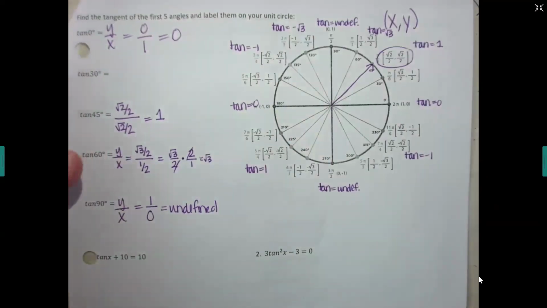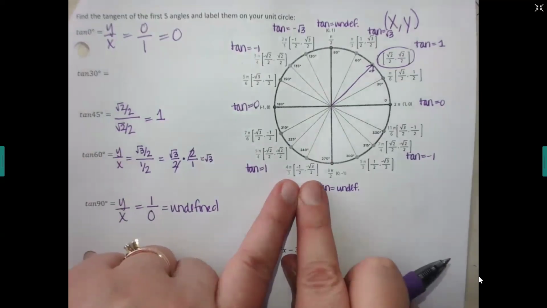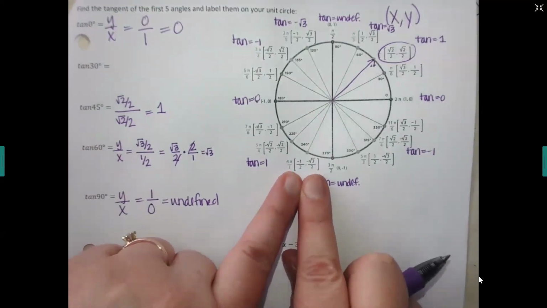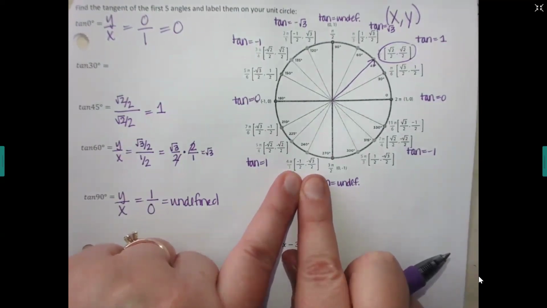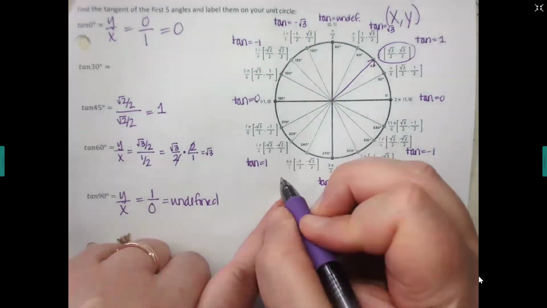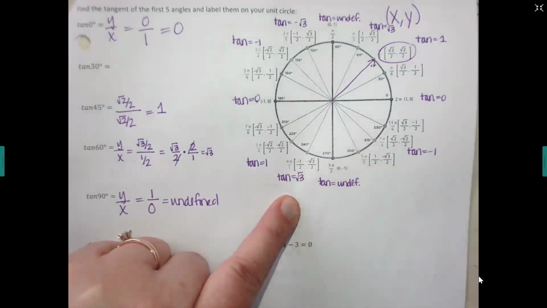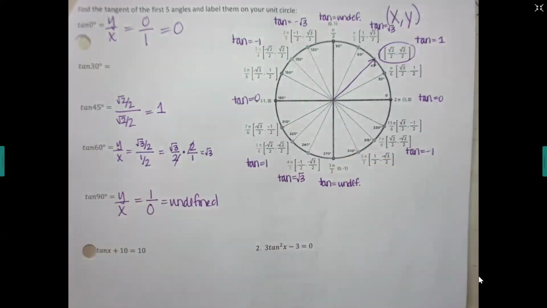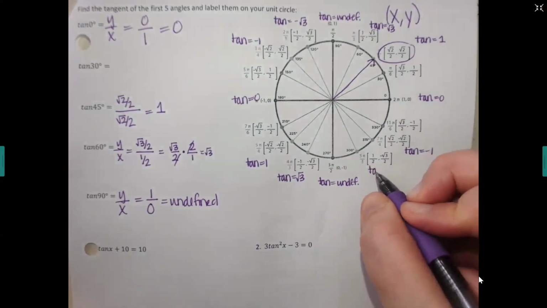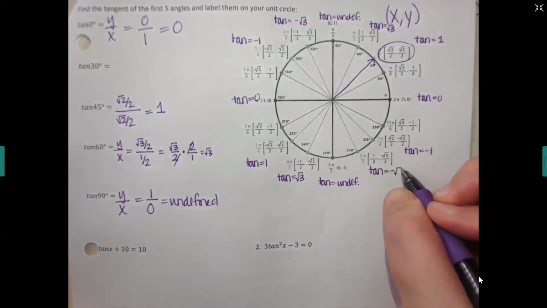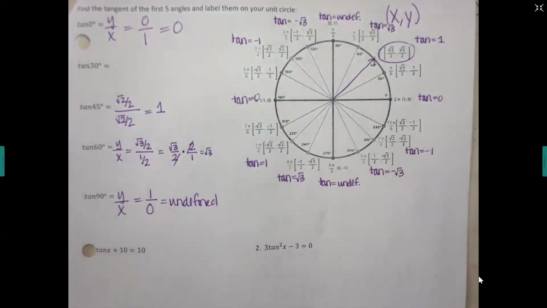Down in quadrant 3, they both have a negative. How is the √3 going to come out? My tan will come out positive root 3. And then I just have one more of that same ordered pair. This time the x is positive, but the y is negative. How will it come out? Negative. If only one of them is negative, that'll make the whole thing negative, versus when they're both negative, the negatives will cross out.